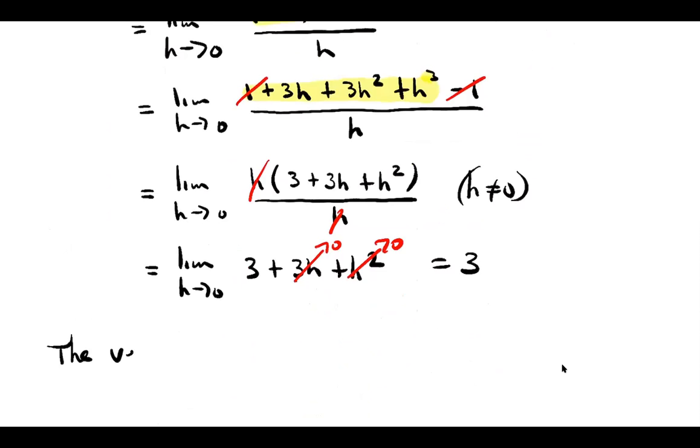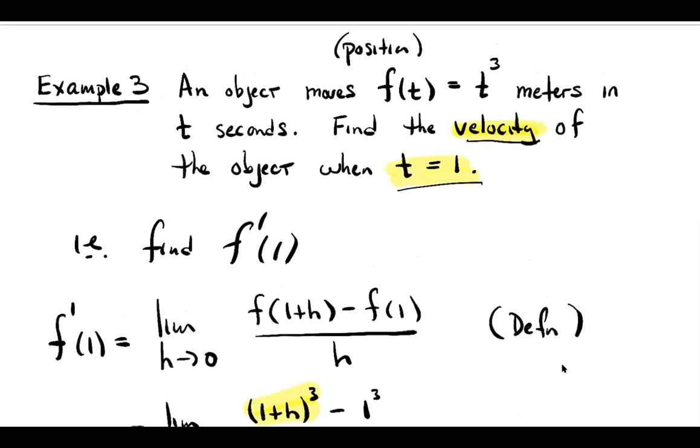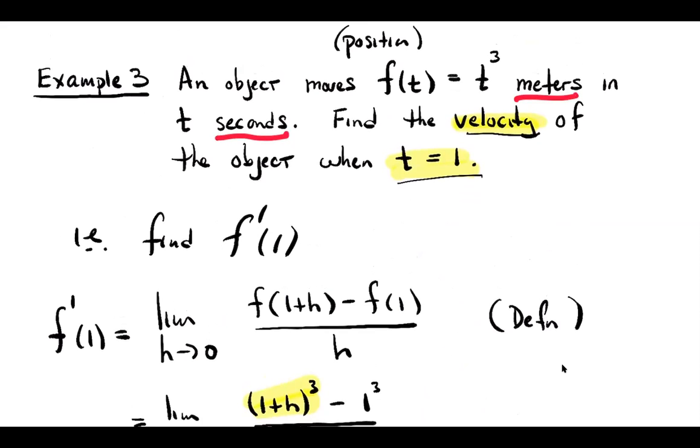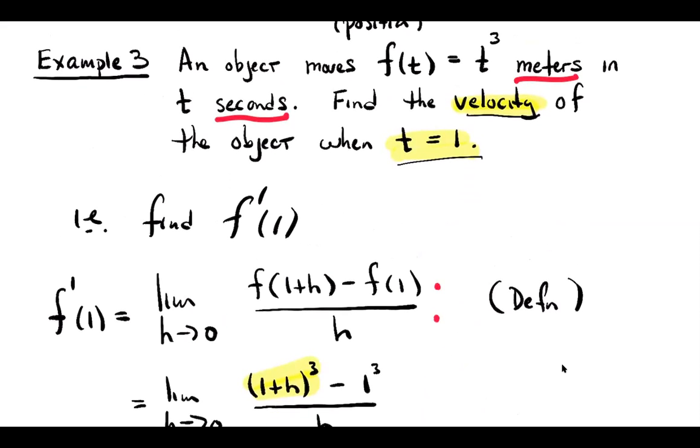So the velocity when t is equal to 1 is 3. But in a context like this, you definitely want to put the units in. So 3 meters per second. Sorry for all the scrolling, but we were measuring our distance in meters and our time in seconds. This is actually a really cool thing about these notations that we're using.